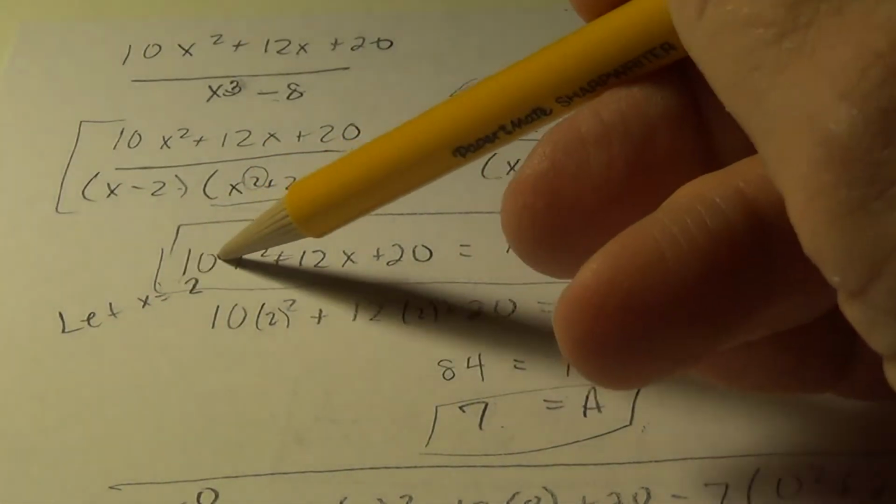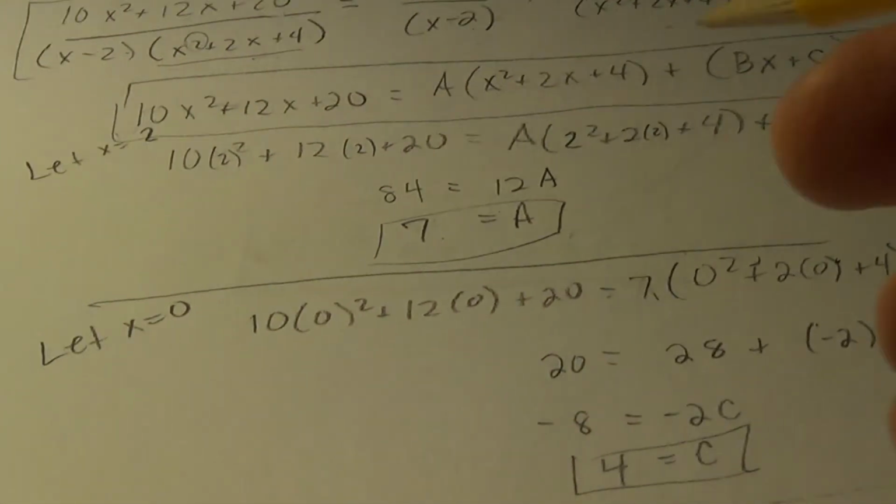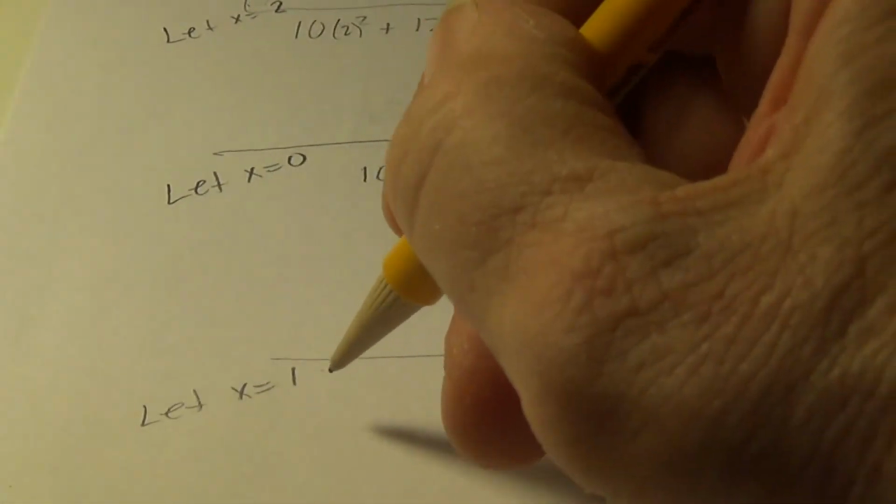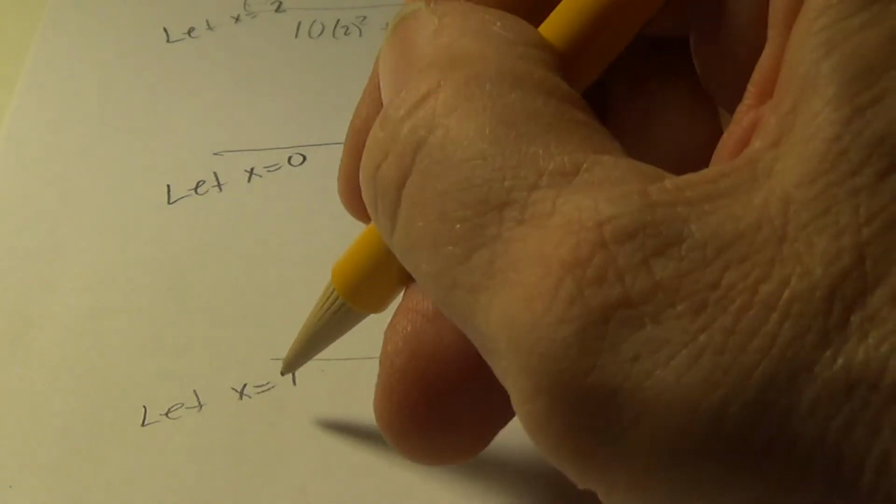So as I put this in with a 1 for x, here's what's going to show up. You're not going to be able to see that expression, but you have it in front of you.